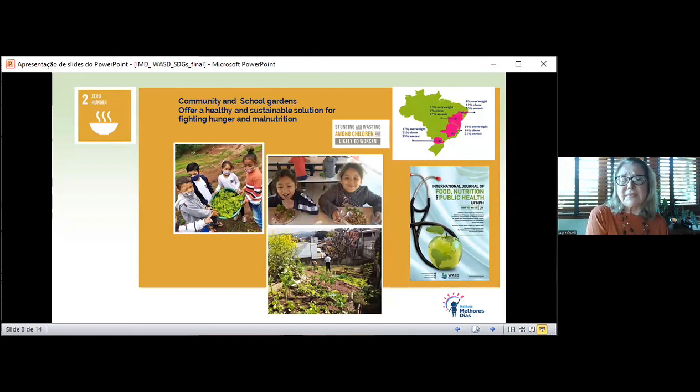So what we did is to build community and school gardens to make sure that the families had what to eat. When the schools were closed, the produce from the school gardens would go to the community around the school. And of course, in the community gardens, people had access to come and go and pick up the vegetables and eat them.